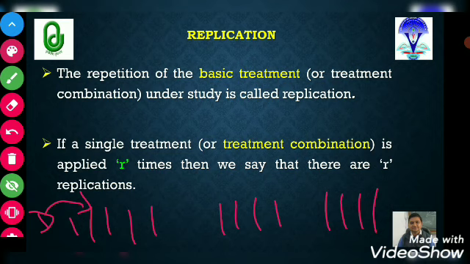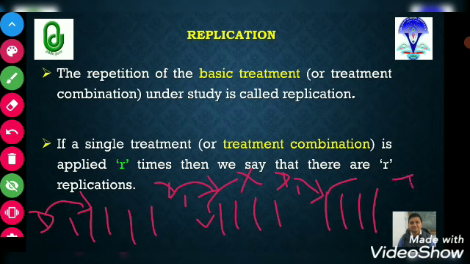Suppose you applied drug 1 on animal 1 and that animal got treated, but the next day when you applied the same drug D1 on animal 2, this animal did not get treated. Again on the third day you applied D1 on the third animal and this animal got treated. So 2 times it got treated and 1 time it did not.